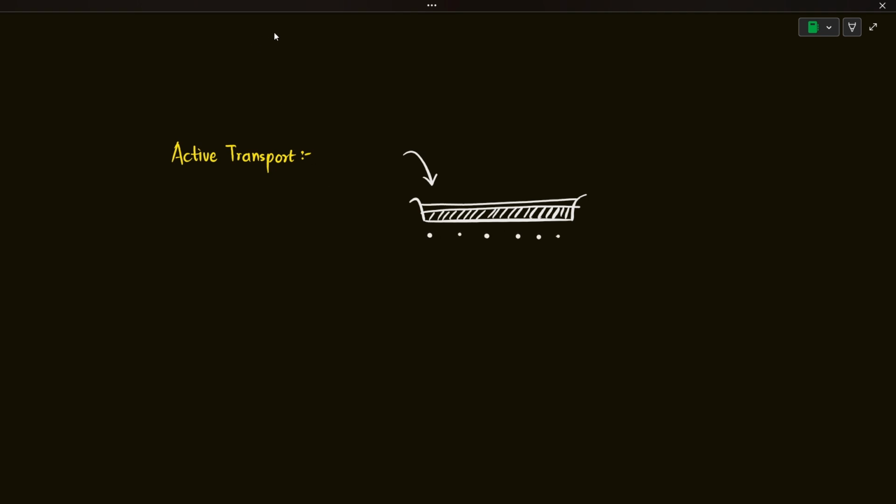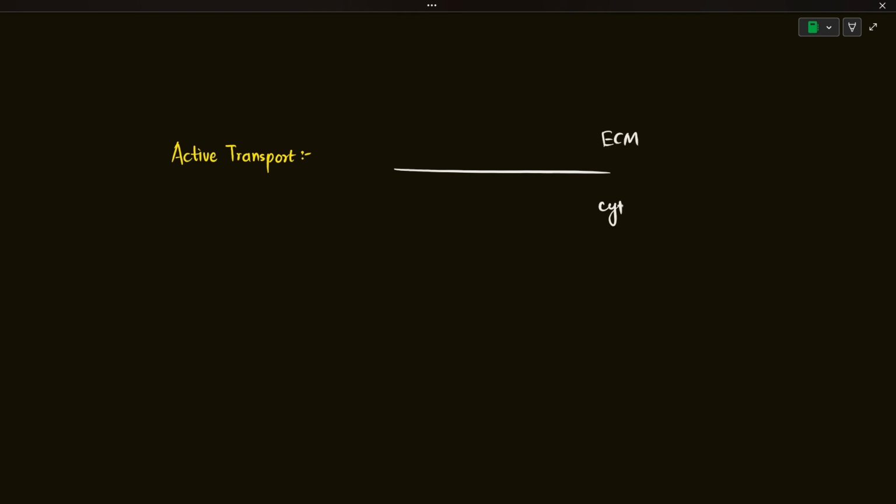In the same way, the molecules in the cell also want their potentials, their concentration gradients, to be equal. There shouldn't be any concentration gradient. This is the basic nature of the molecules. So let's say this is a plasma membrane, and there are certain solutes dissolved in the solvent. This is the extracellular matrix and this is the cytosol.